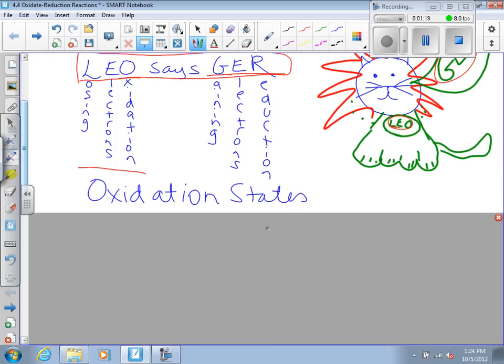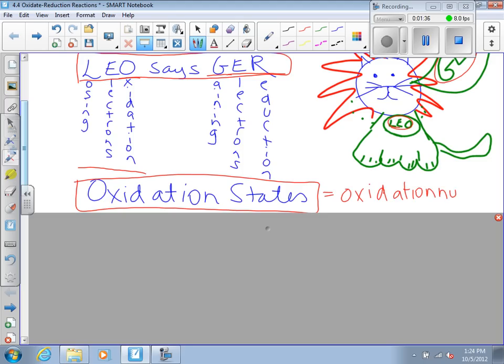So in order to learn about redox reactions, you have to learn something called oxidation states. Oxidation states are the same thing as the term oxidation number. And an oxidation number, okay, I paused for a minute there. I'm focusing on fixing my handwriting a little bit, and I just fixed oxidation number there.